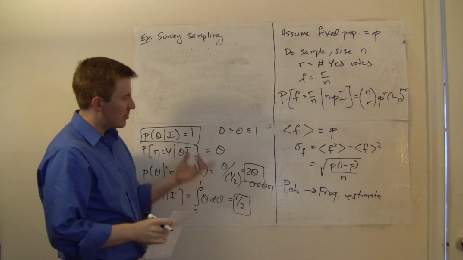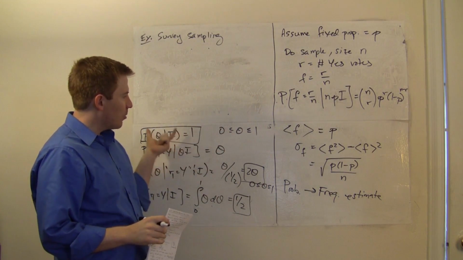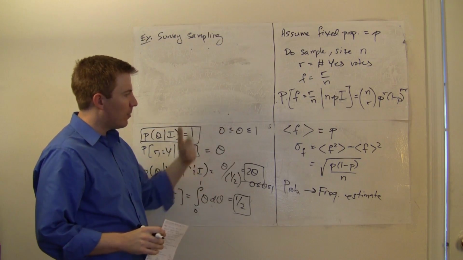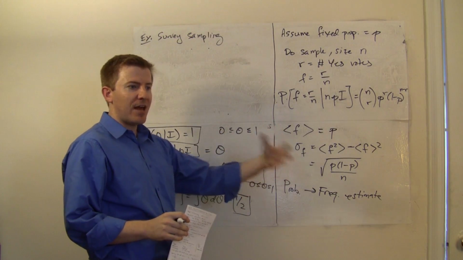If we imagined doing this inference, starting with a uniform prior and repeating this experiment multiple times and getting some fraction of results, and then doing the inference.